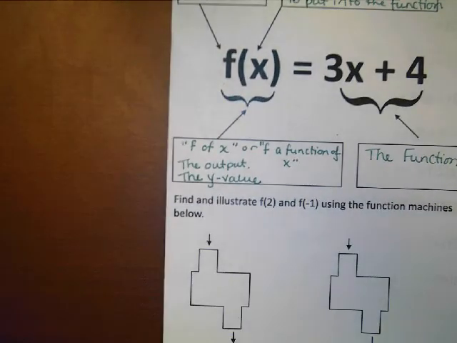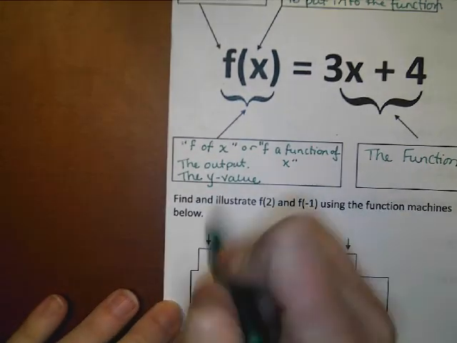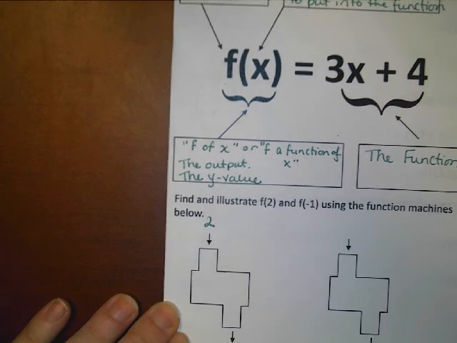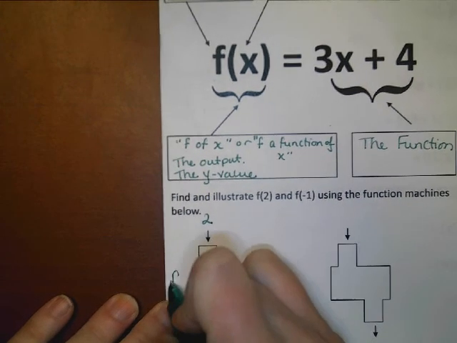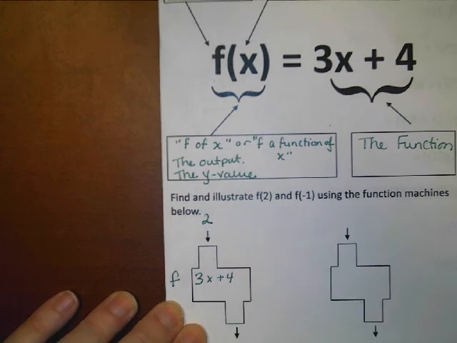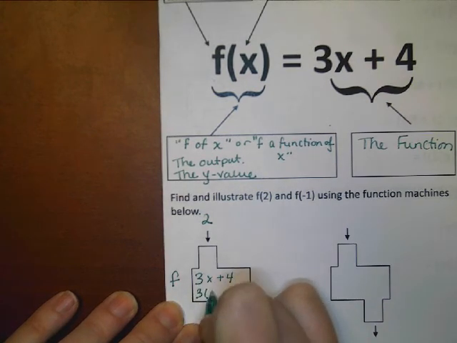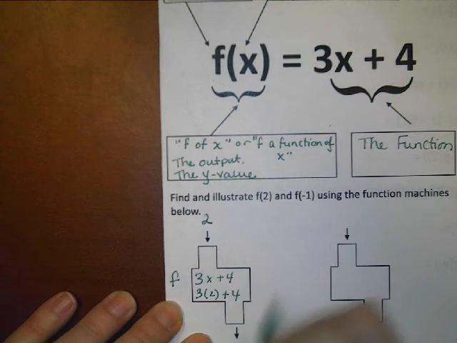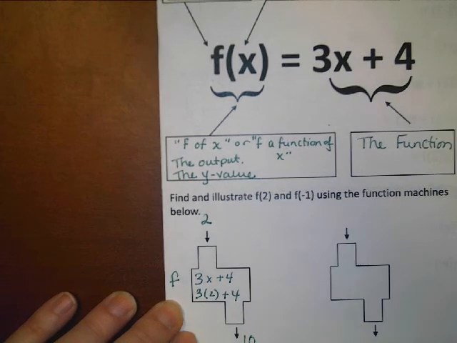Let's go down here. So these are our function machines. I plug in 2 into my function f of x equals 3x plus 4. So the 2 goes in for the x, so it's 3 times 2 plus 4, and I get out 10.